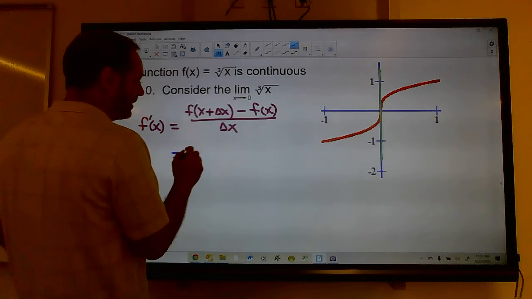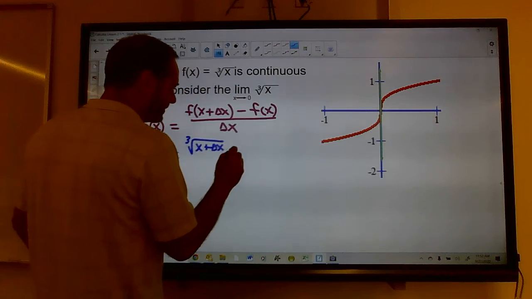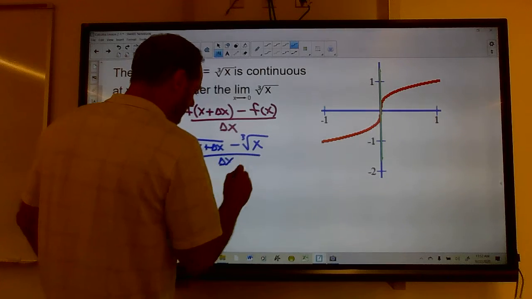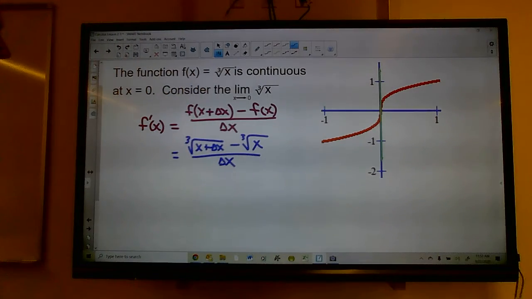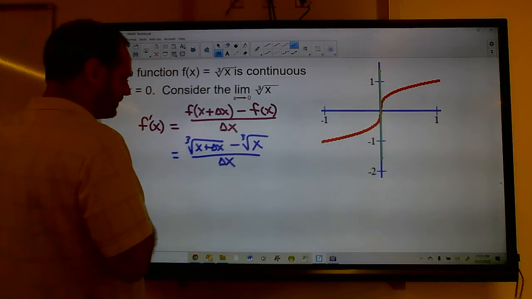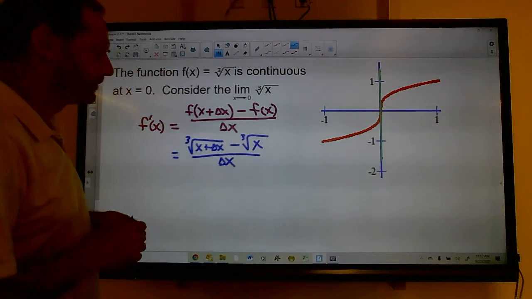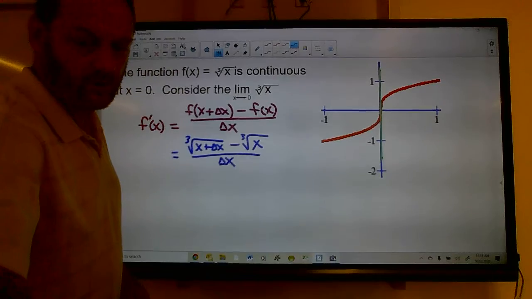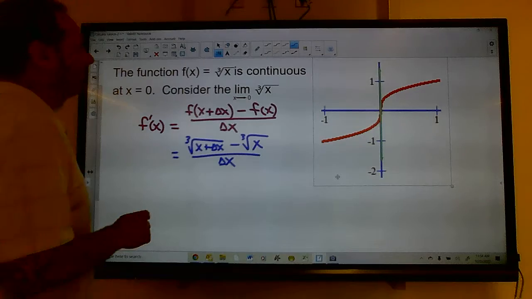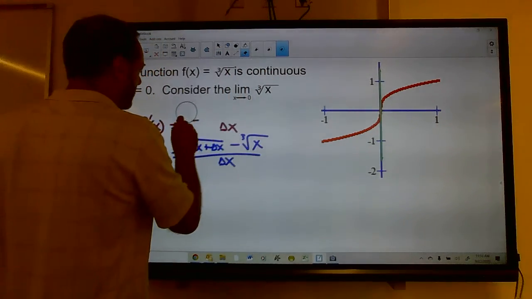So this would be the cube root of x plus delta x minus the cube root of x all over delta x. Okay, so let's look at this a different way. We don't need to do this because we actually have a point.